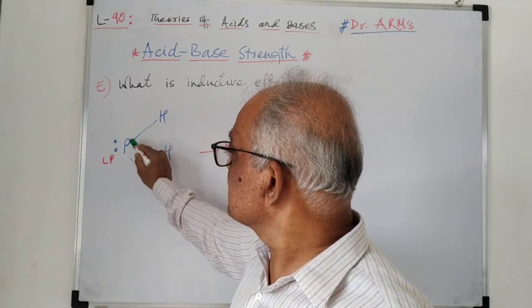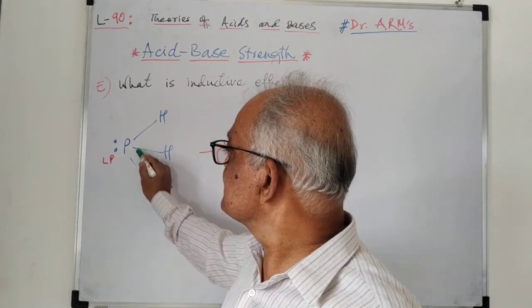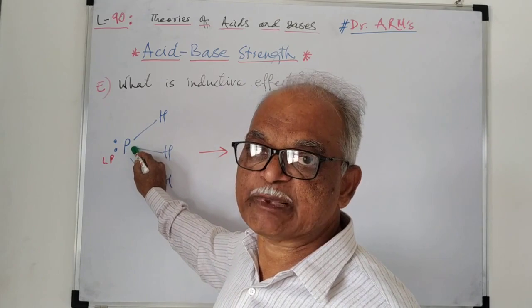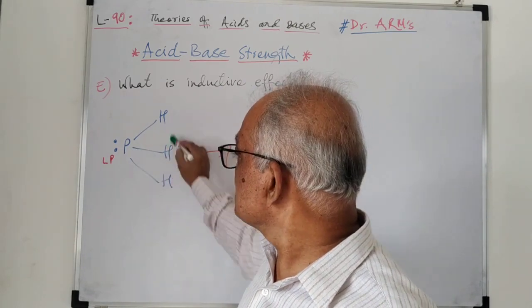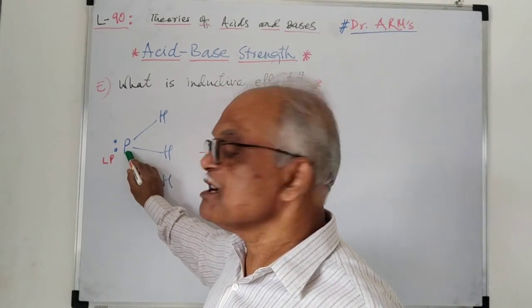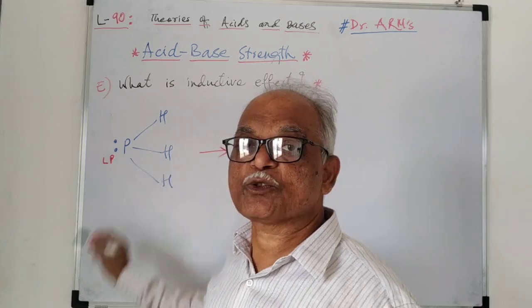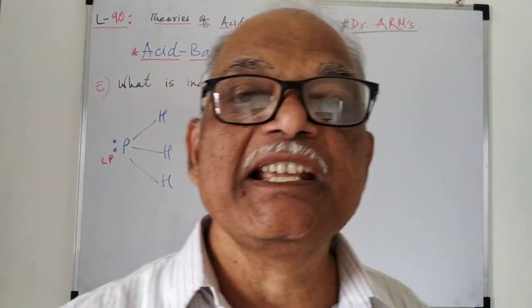So these bond pairs are lying much closer to this phosphorus. So electron density is concentrated on this phosphorus because of these hydrogens which are less electronegative. As a result of this, phosphorus is an electron rich center, and this extra electron pair can be readily lost to the Lewis acid.